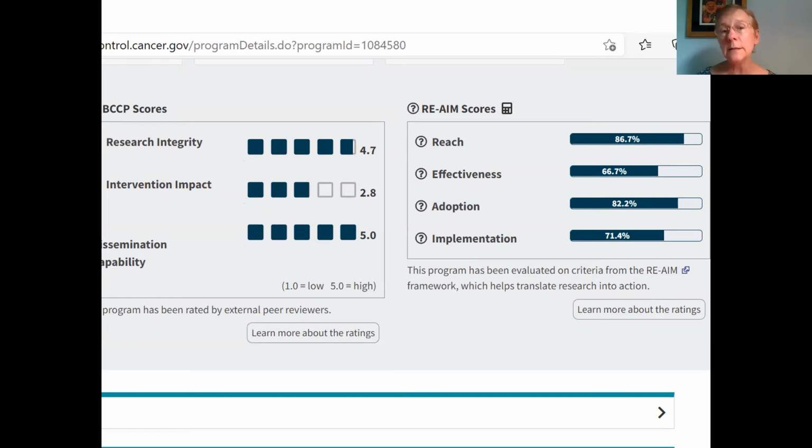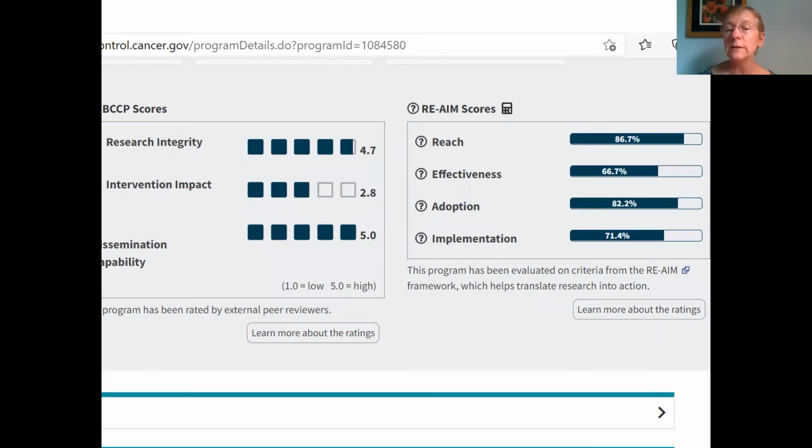To the right, this website provides you, for many of the interventions, a RE-AIM score for the intervention. So this tells you in prior studies, was this intervention able to reach the intended population? Was it effective? Were settings and providers willing to adopt it?